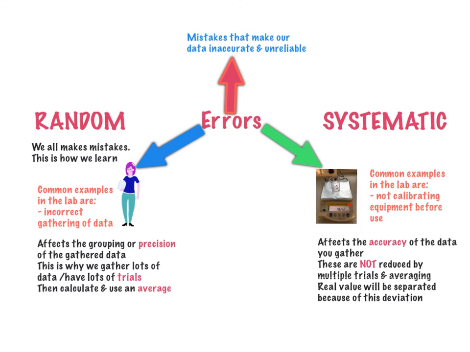Now, we actually give these things names, and you will hear them and see them, and you should copy them. Whenever you're talking about these sort of errors involving us, our people errors, not doing things properly, they're called random errors. And every time we make a random error, it adds up.